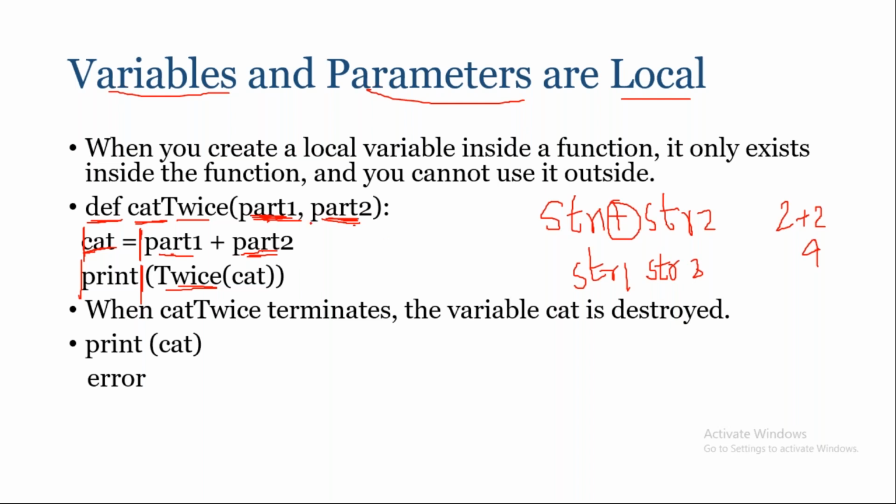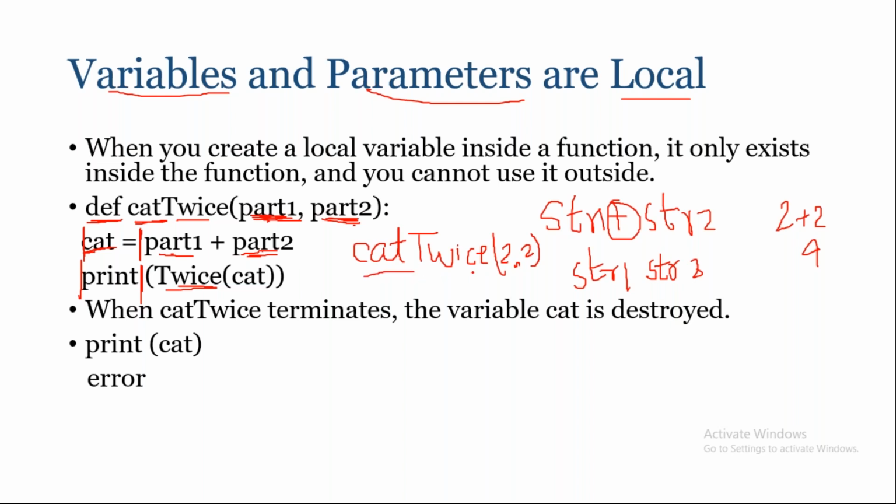Just to give you an example, suppose I am now making use of this function. I'll call this function cat twice, and suppose I pass two arguments inside it, 2 and 2. Now let's see what will happen.